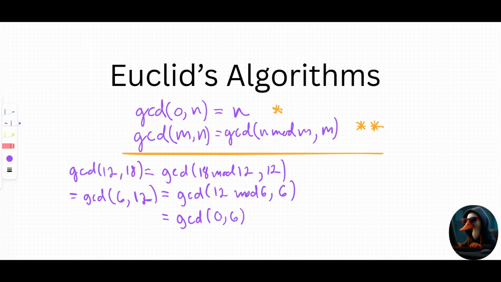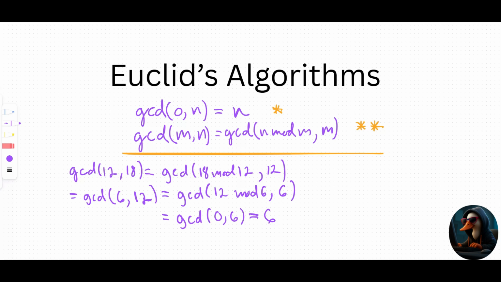So I have 12 mod 6 is 0. So I have my GCD of 0 and 6. And you can see right here, we've already reached our base case. And then if we follow this property from our base case, we know that this is just going to give us 6. So using Euclid's algorithm, I've shown that the greatest common divisor of 12 and 18 is equal to 6.